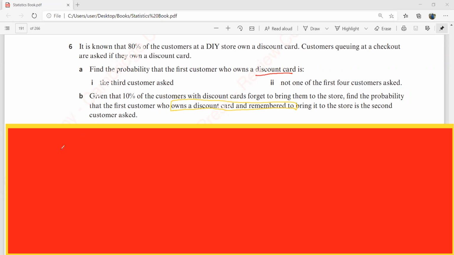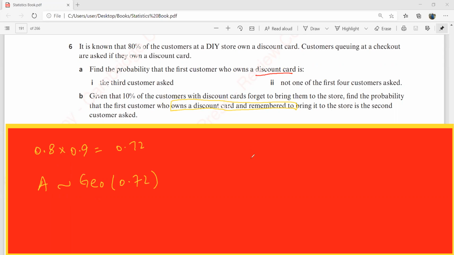So this is going to be 0.8 times 0.9. That is your 0.72. And let's call this, I mean, A is geometrically distributed and this is 0.72. Now this is a separate distribution where we have those who own a discount card and they also remember to bring that, okay?